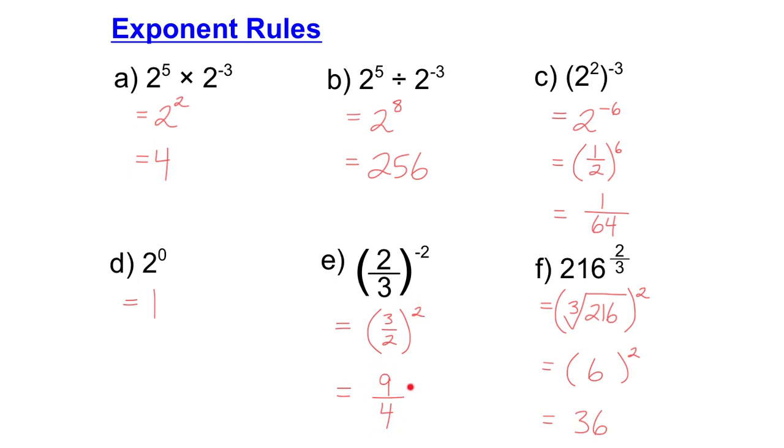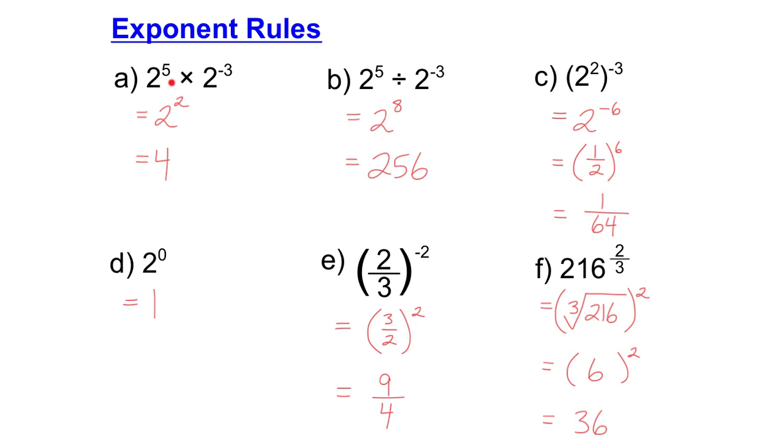So it's all equal to 9 over 4. The cubed root of 216 is 6, because 6 cubed is 216. So if I want the cubed root of 216 squared, it's 6 squared, which is 36.